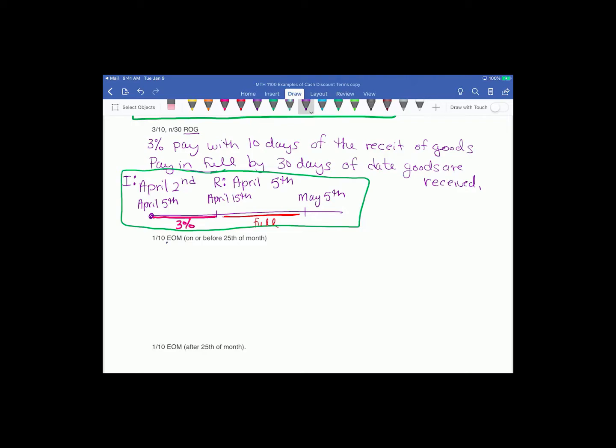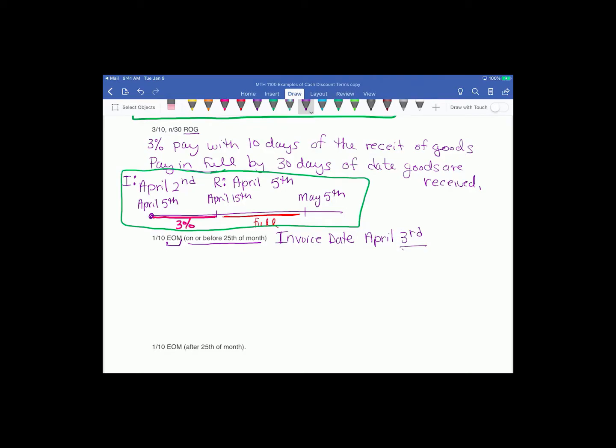Now, if we see EOM, this is a whole different set of rules. EOM stands for end of month rules. And what that means is that if I see that I get a 1% discount in this example, that means if the invoice date is on or before the 25th of the month, so let's say the invoice date says April 3rd, the 3rd is definitely on or before the 25th.